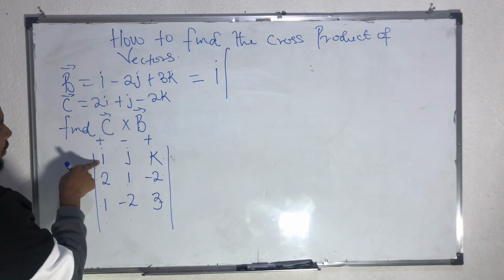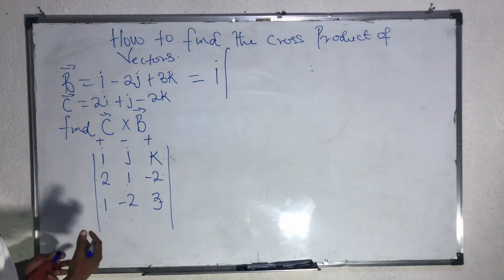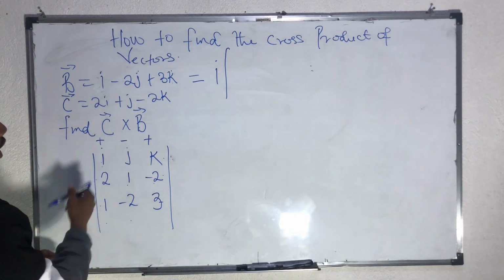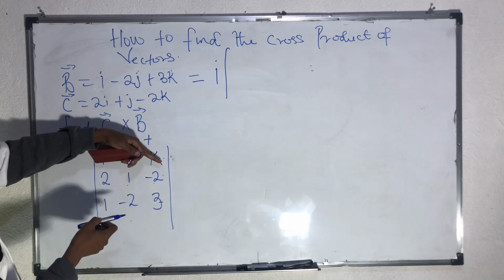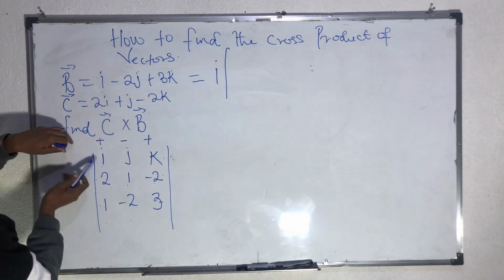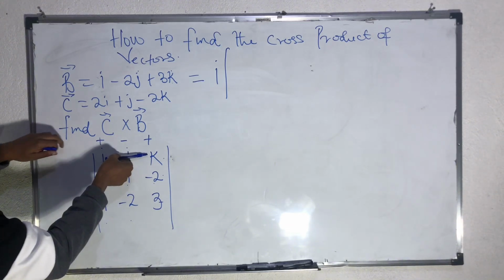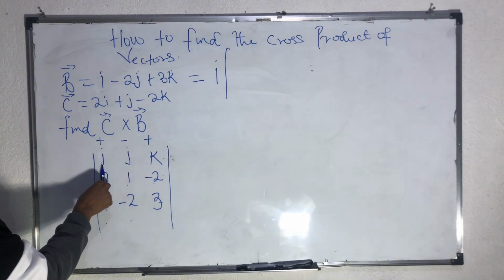For the i, to find what belongs to i. Now, let's say in simple terms, what belongs to i, okay? How do you do this? You hide the row where i is found, like i is found in this very row, okay? This is the row where i is found, and i is also found in this column, okay?